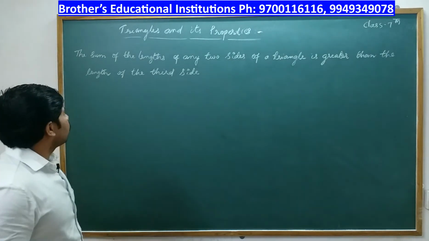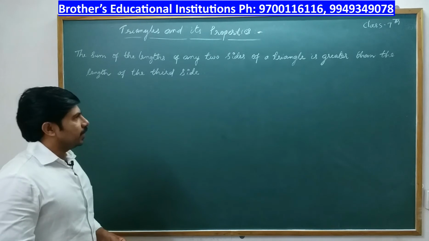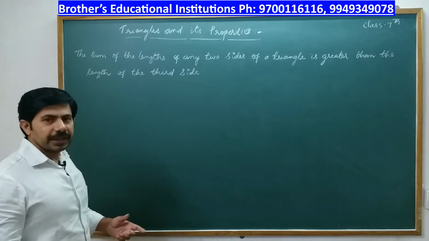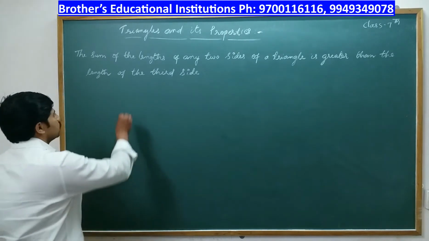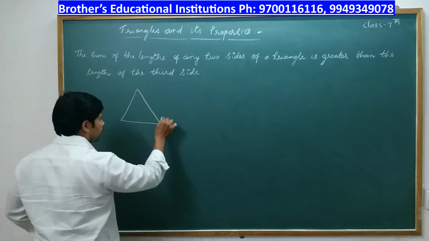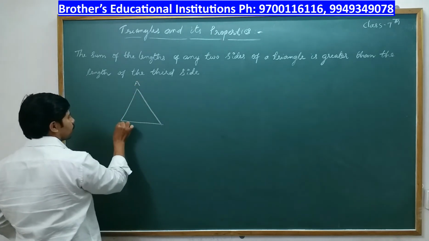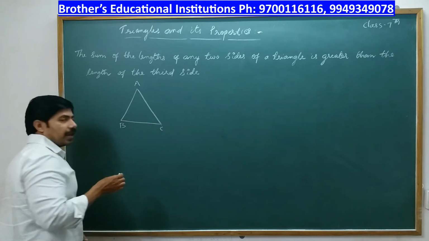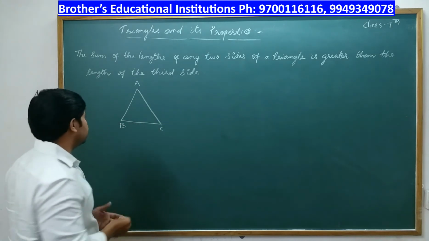The sum of the lengths of two sides of a triangle is greater than the third side. Suppose we draw one triangle ABC. The sum of any two sides, sum means addition.